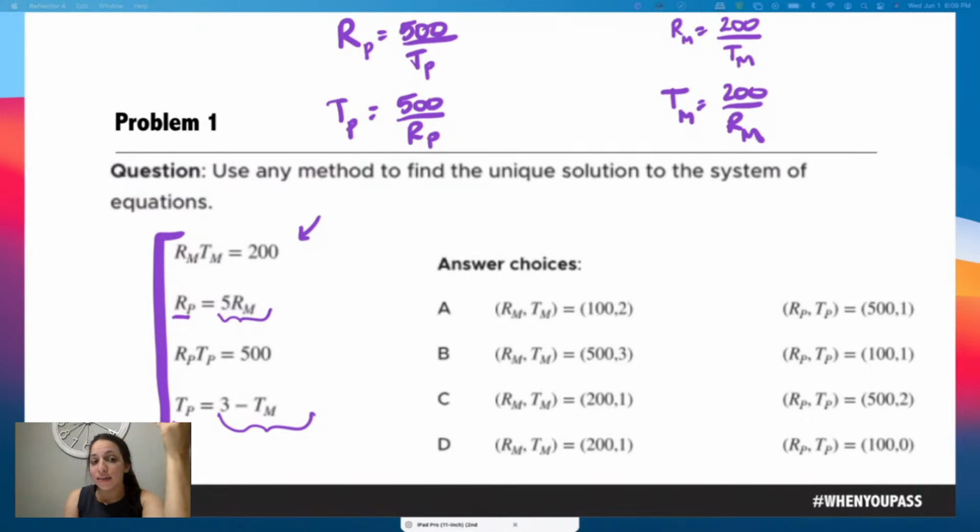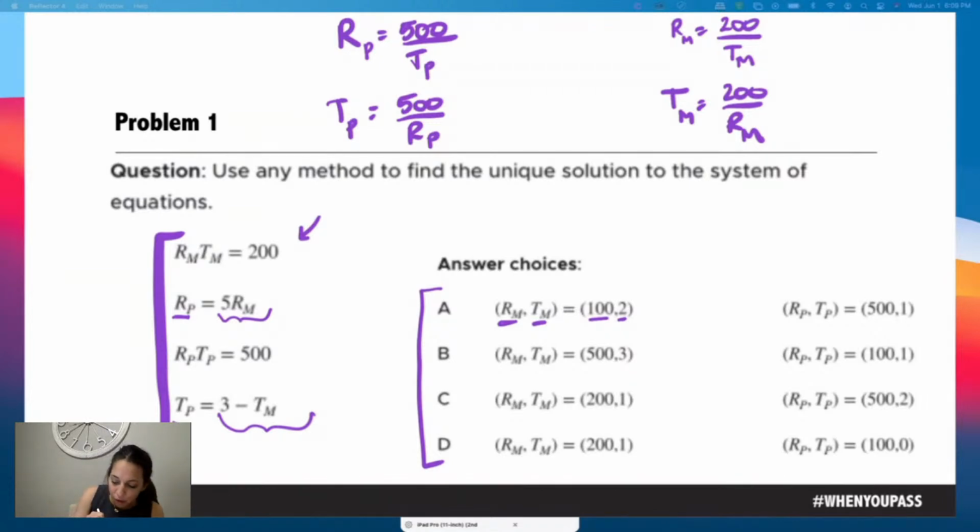So I'm actually going to stop here because, yes, could I sit here and substitute? Absolutely. But what they're saying here is they've got all the answer choices outlined for us. So if I have RM equals 100 and TM equals 2, I could easily just substitute that in and see if I get a correct answer.